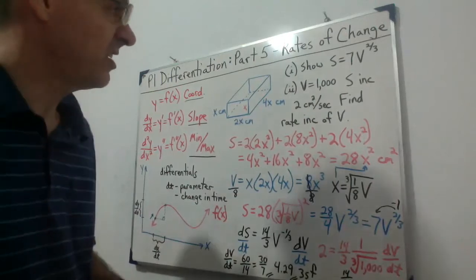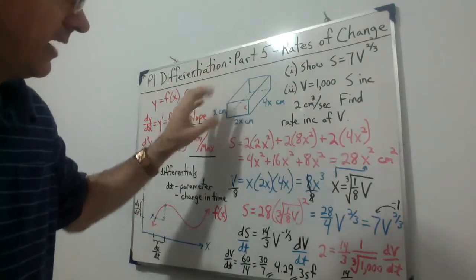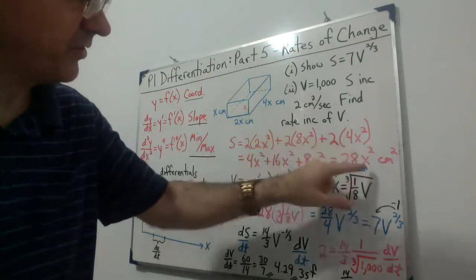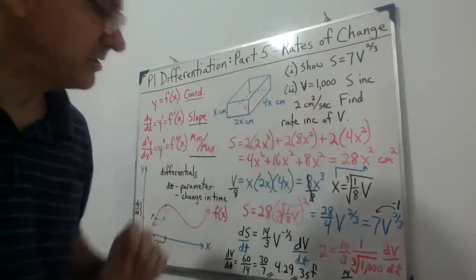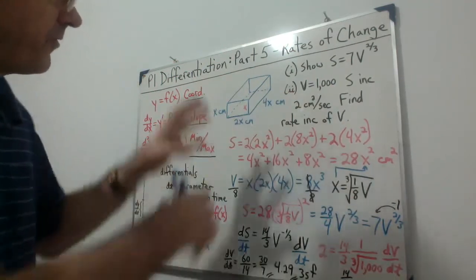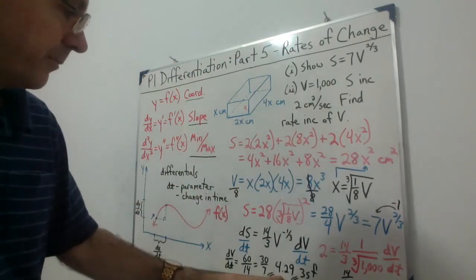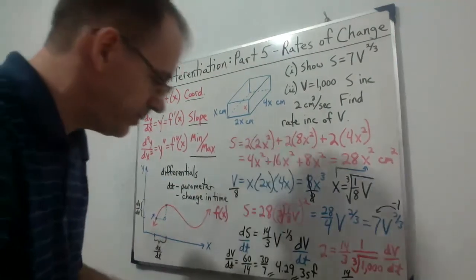So what this is saying is, as the surface area increases by 2 centimeters squared per second, the volume is increasing by 4.29, and this would be volume.